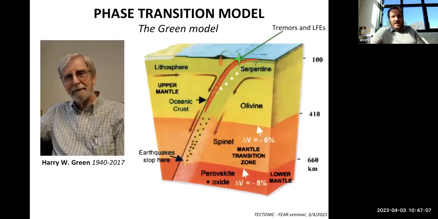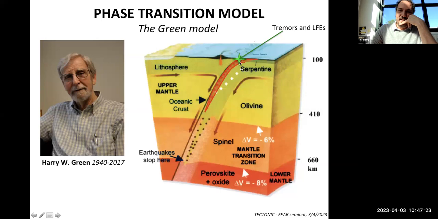Okay, so the model for the intermediate depth and deep focus earthquakes can be summarized as the green model. I like to call it the green model in honor of Harry Green.